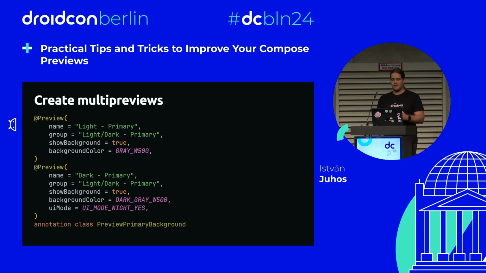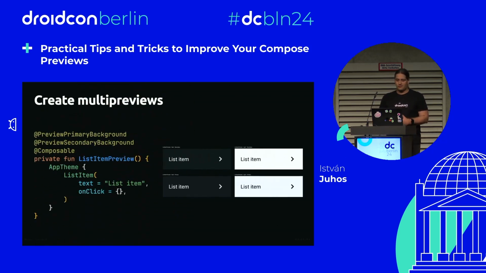We can annotate another annotation class with these previews to have more fine-grained control over which previews are displayed in our preview implementations. So this one is for the primary background color ones, called preview primary background. We can have another one called preview secondary background for the secondary backgrounds. And now our 4 annotations become 2 annotations. And the tooling can pick it up, of course, and render the same 4 previews for us.